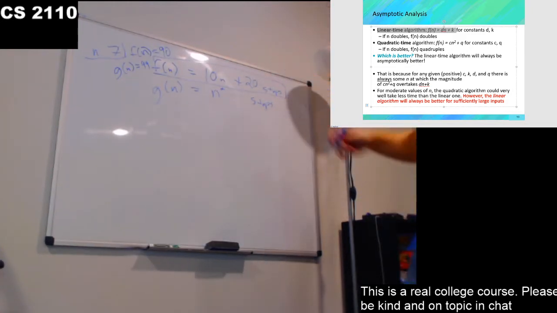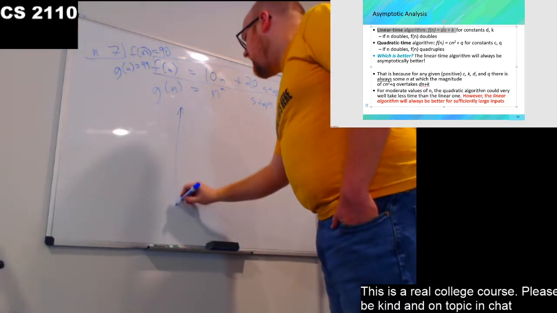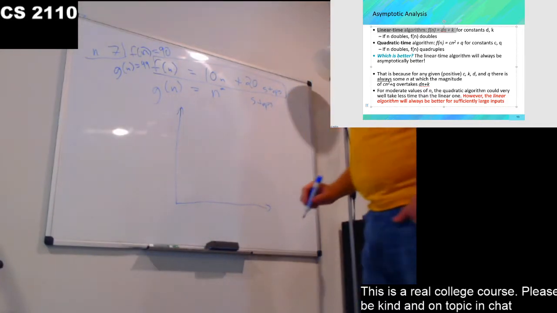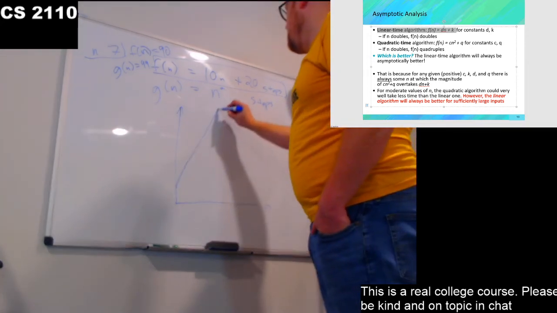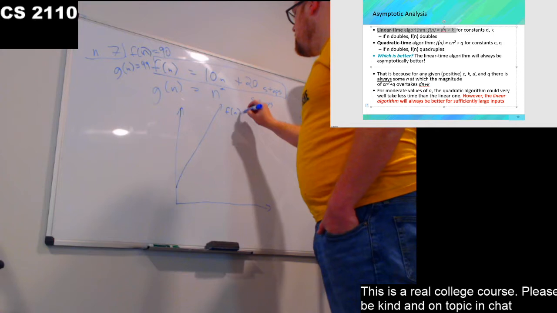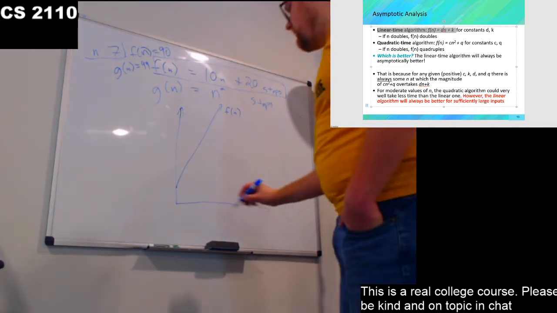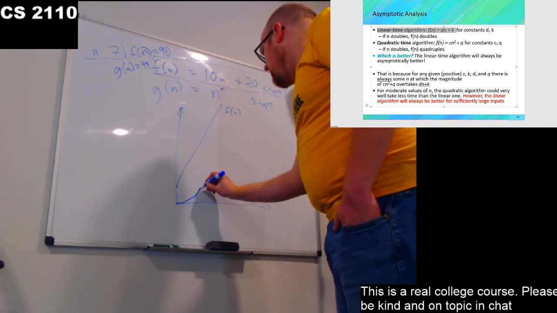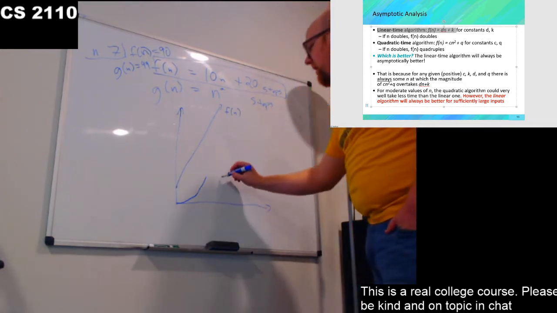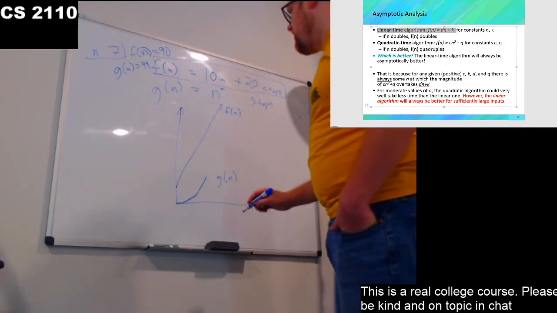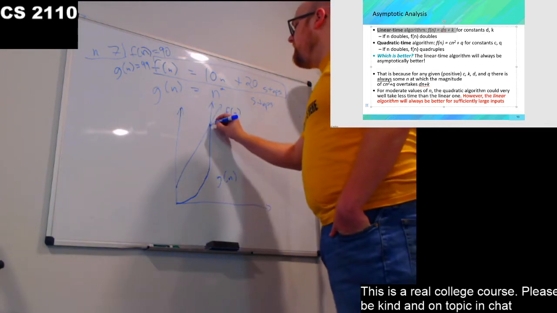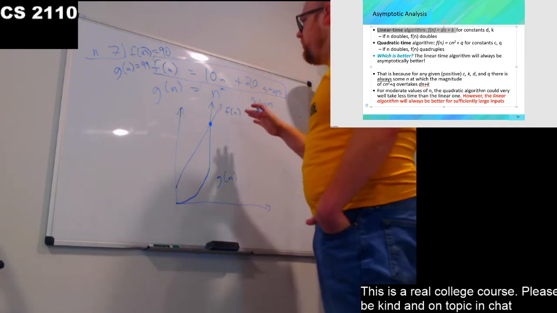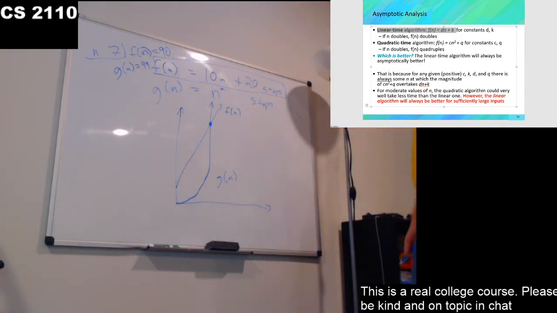And the reason is as follows. If I were to graph these two things, and this is intentionally a rough graph, my first graph is going to look something like this. This is f of n. My second graph, by comparison, is going to start down here, and it's going to grow slowly. And so right now, this is g of n. It's better. But what will happen is g of n will grow more steeply. And somewhere here, this would be like n equals 12, roughly.